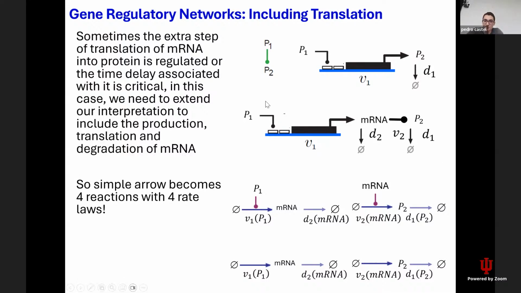We have 4 nodes, or 3 nodes at least. And we have one equation for production of mRNA, one equation for destruction of mRNA, and two more for P2. So we already have 4 reactions going on in only one gene. So it can spiral out of control.